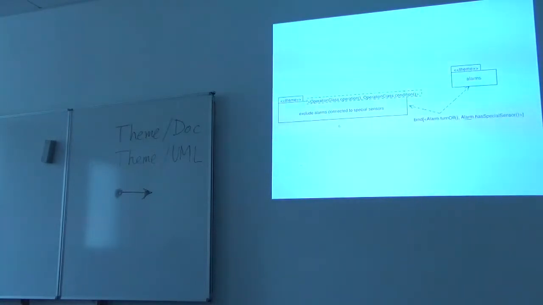And to what this is being introduced is stated by these parameters. So there is this turn off, and in the order of occurrence, turn off and has special sensor.